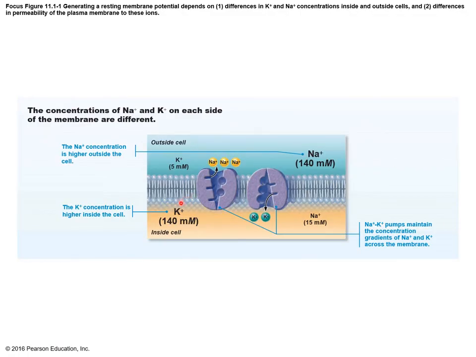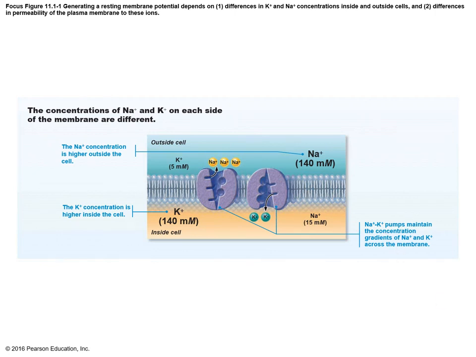And once again, this is the most well studied of any of the ion pump channels or gates. We know exactly how it works. And as I said, you're pumping 3 sodiums out and then 2 potassiums in. 3 sodium out, 2 potassium in, and it's just going to keep cycling back and forth like that.